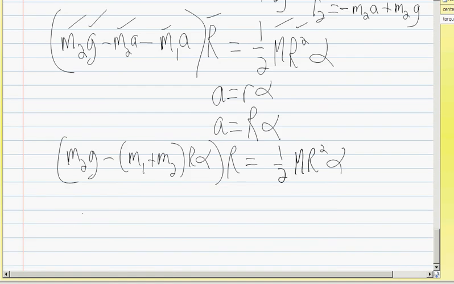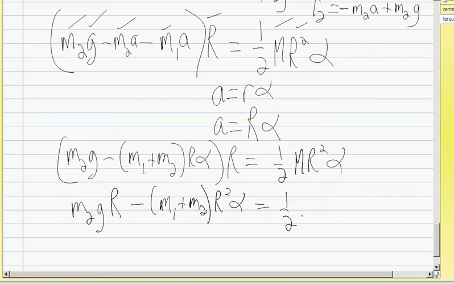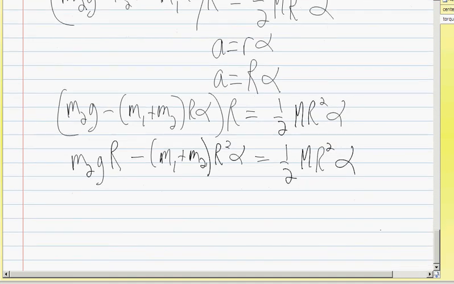So let's distribute them all. We'll have M2GR minus M1 plus M2 R squared alpha equals 1/2 MR squared alpha. Let's get all the alphas together.